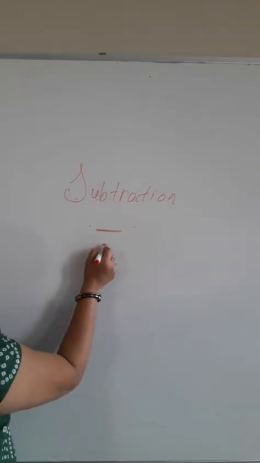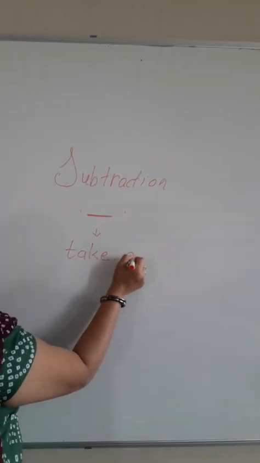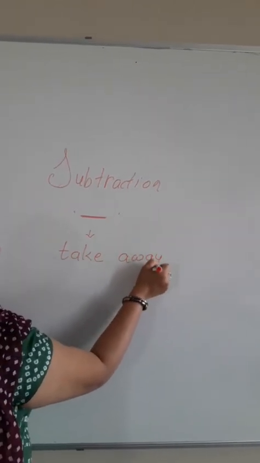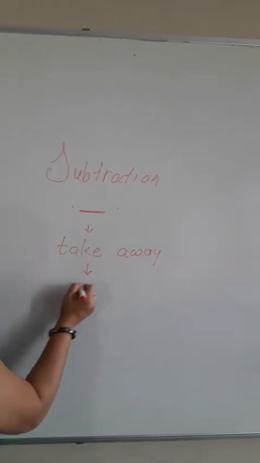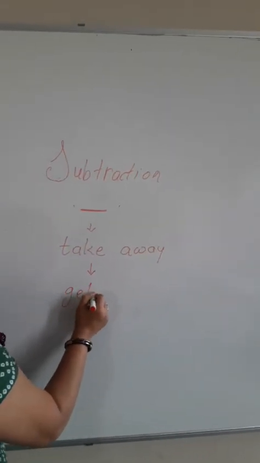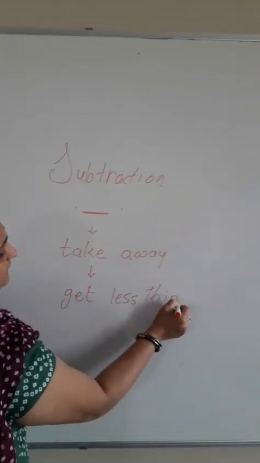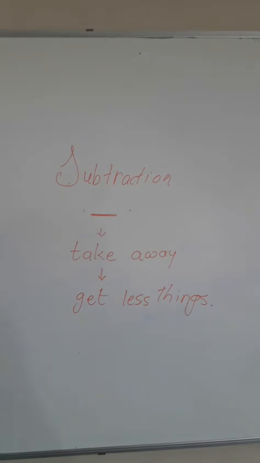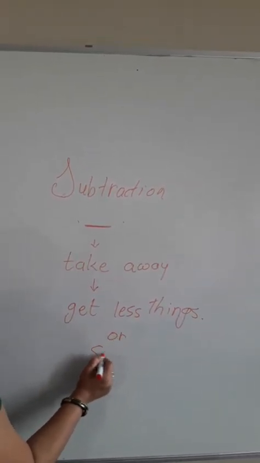And what we have to do here? Take away. Okay. And when we take away, we get less things. When we do take away, we get less things or small number.